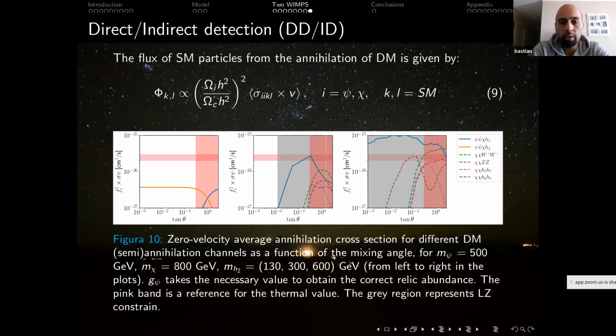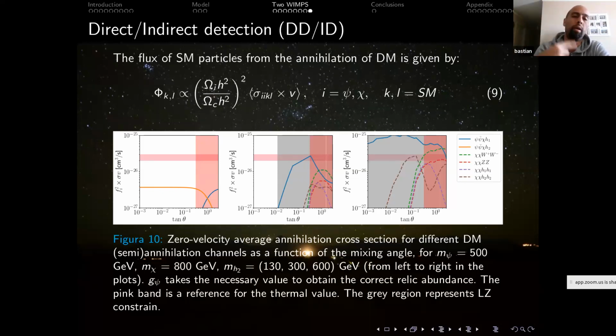However, as you can see, direct detection is still strong in the blue region. And if you start to put the second Higgs near the 125 GeV, you can make the direct detection constraints disappear, as you can see in the plot on the left.